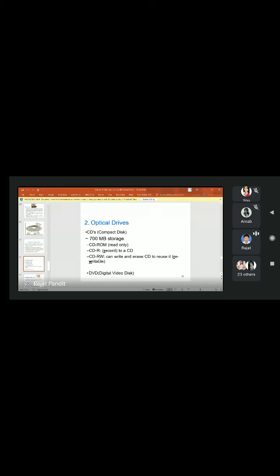But there are some CDs known as CD-RW where you can erase the information from the CD and write it again. That is the rewritable CD. Then the DVD, the digital video disc, or sometimes known as digital versatile disc.